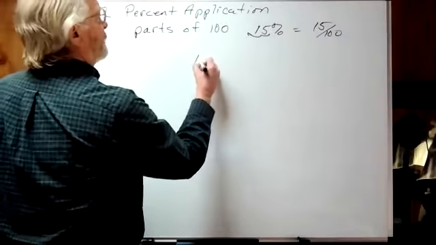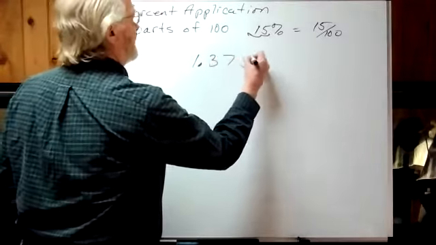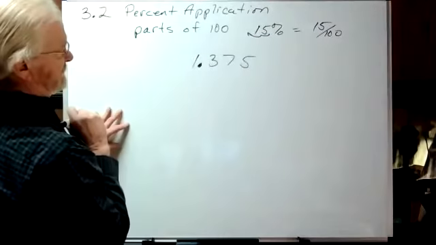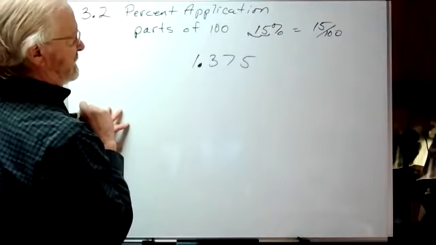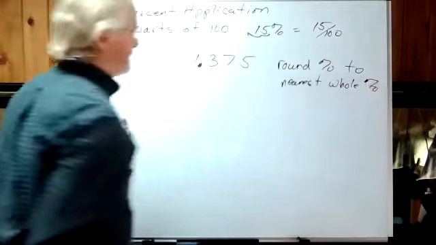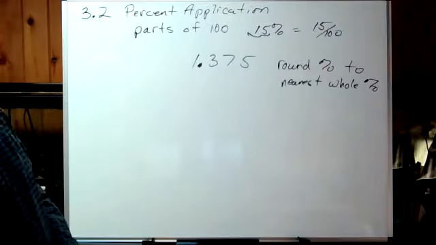Let's say I've got 1.375 and let's see, how do I want to point this out? I'm going to say, what if I had this number and I'm supposed to round?